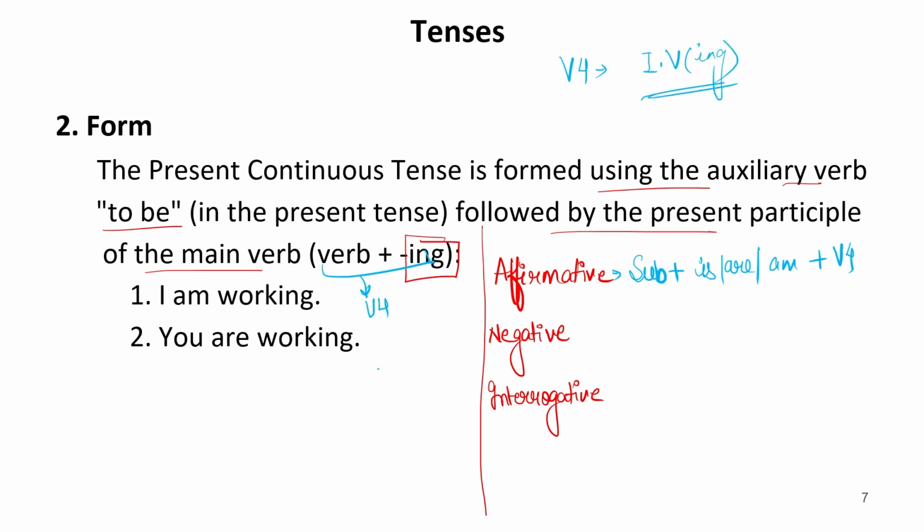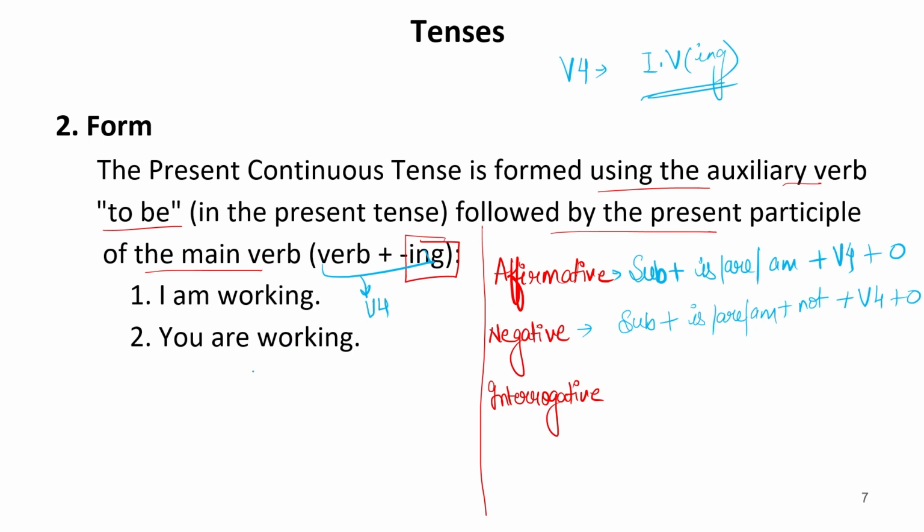This is called verb fourth form. Plus object. In case of a negative sentence, the subject will be followed by is, are, am again, then we have not, then verb fourth form plus object.